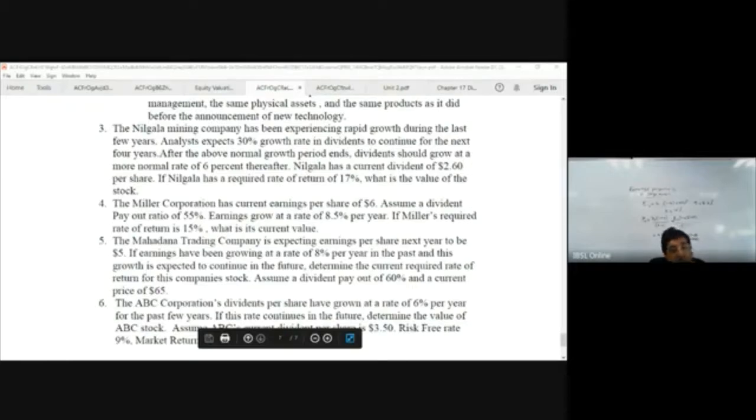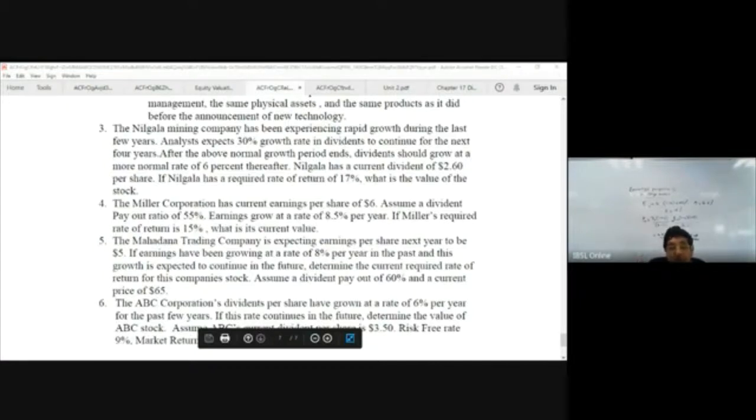Now, first of all, what you need to do is convert your earnings to a dividend type of figure. Since you have earnings and the dividend payout, you just take the earnings and multiply it with the dividend payout ratio, and you will arrive at the dividends.